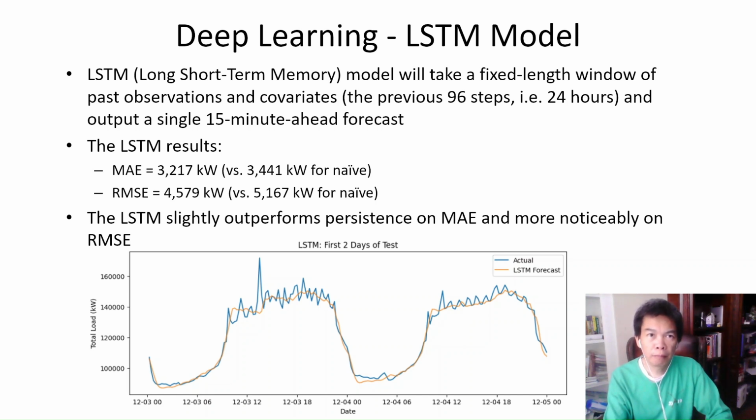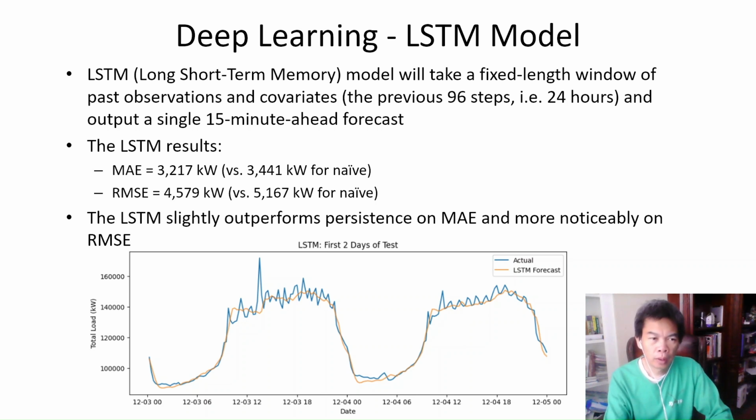The LSTM, long short-term memory model, will take a fixed-length window of past observations and covariates from the previous 96 steps, like 24 hours, and output a single value of 15-minute-ahead forecast.